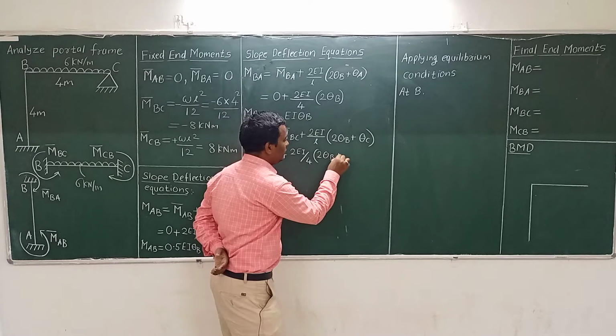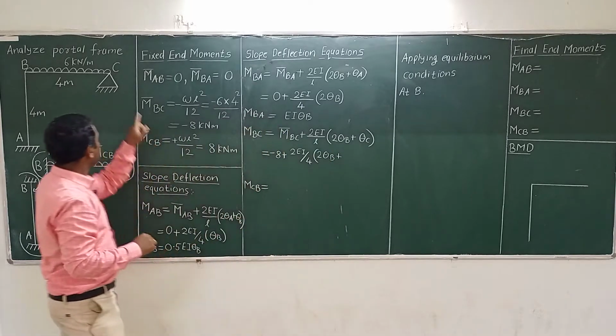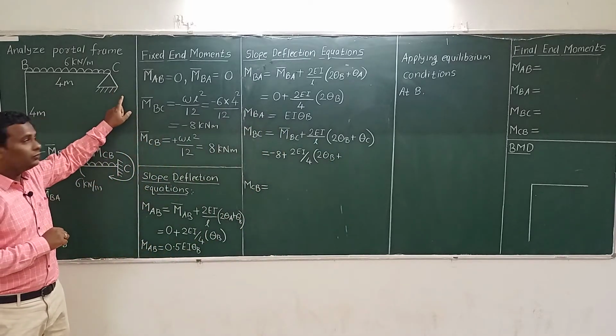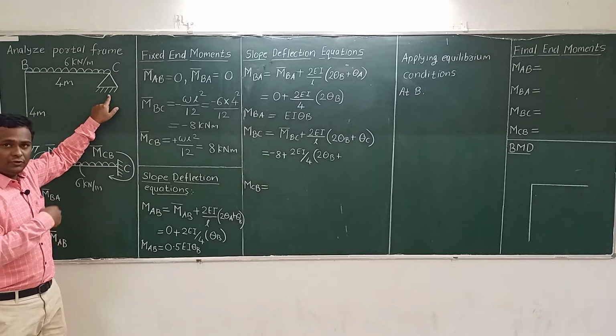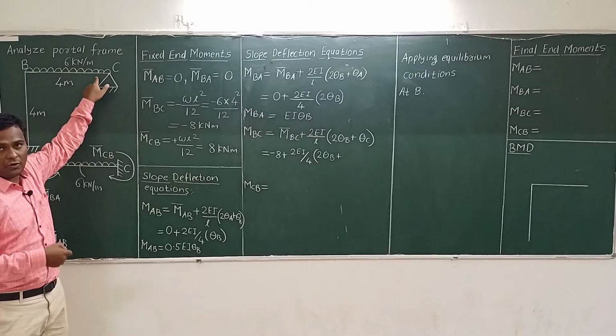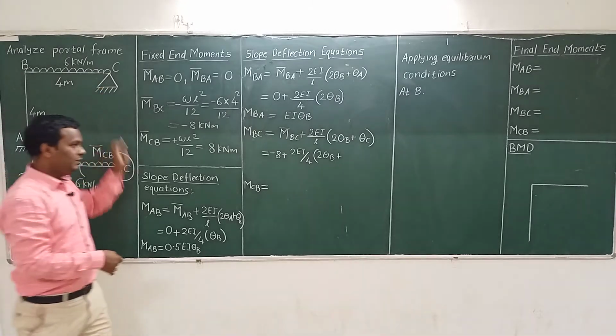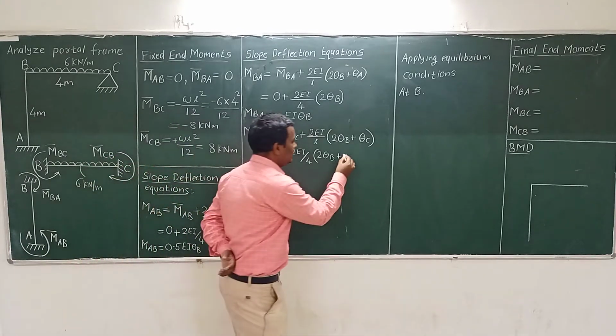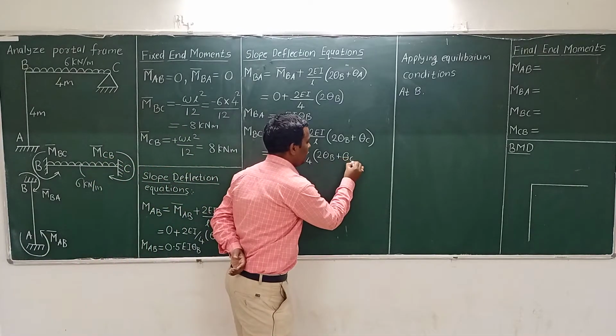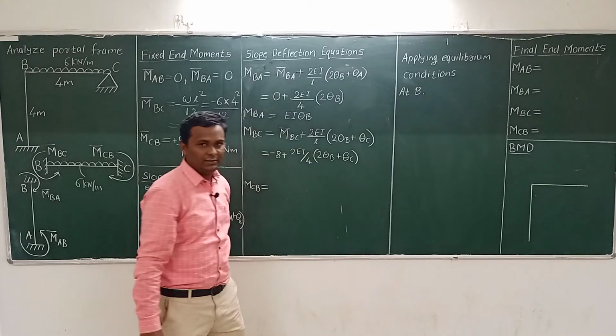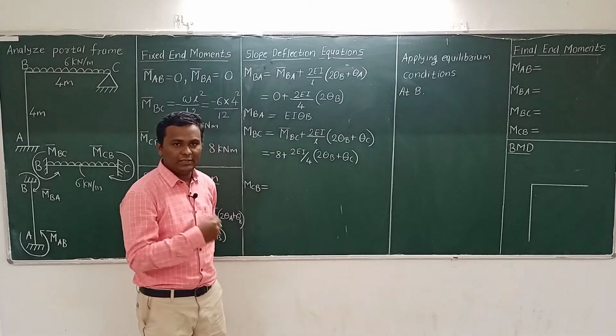And for the next joint, here we have a hinge support, and for a hinge support also we should know that the rotation or slope is possible, meaning it is not equal to 0, so you have to write down theta C as it is. Now we have to solve this equation.